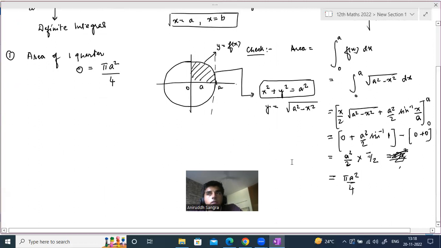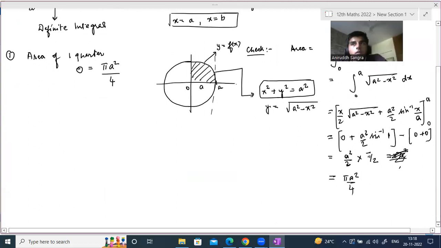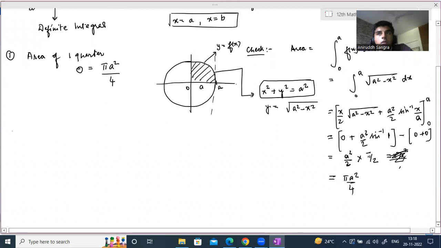Very simple application. Now we can also switch this, and we can also say that the integral from a to b of f(y) dy is also an area. But what will this area be?